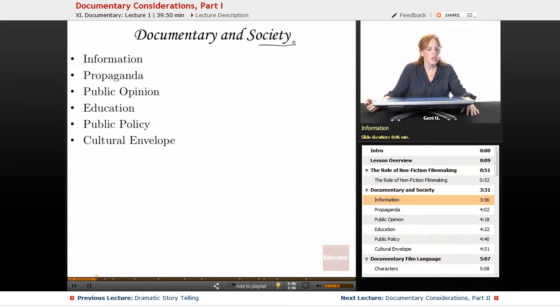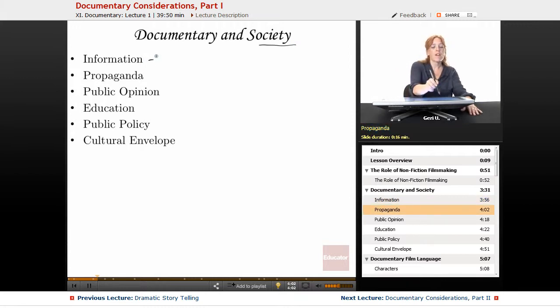So documentary and society, it's really important in terms of information. Documentaries inform, that's for sure. They have also served at times to be propaganda, to manipulate, to give a message, to evoke a feeling, to get people to think a certain way in a very manipulative way. And that's what we would define as propaganda. It can do that as well.